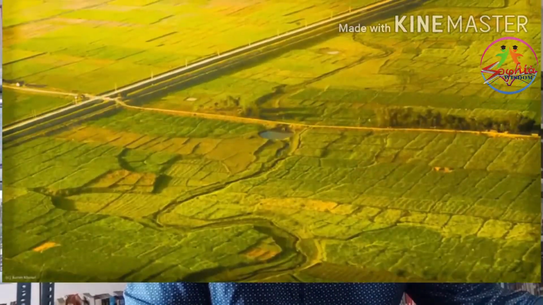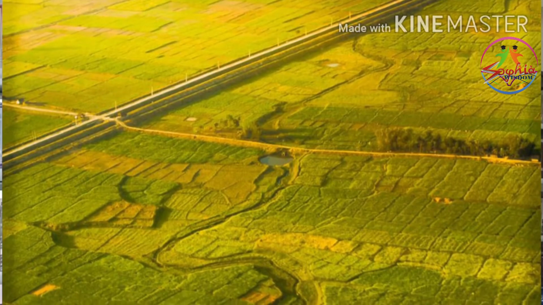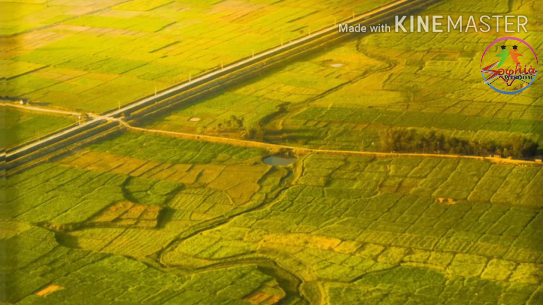These underground streams appear in the lower places, and there they form a swampy and marshy region known as the Terai region. The Terai region is the swampy and marshy region formed due to the underground flow. So what is Babar and what is Terai is the important thing in this part.